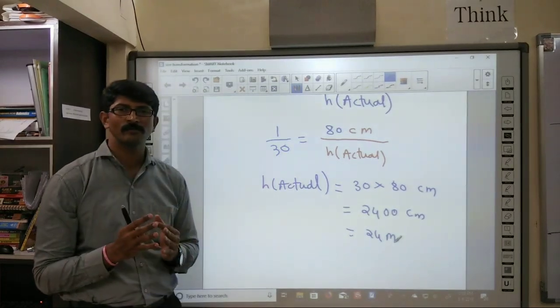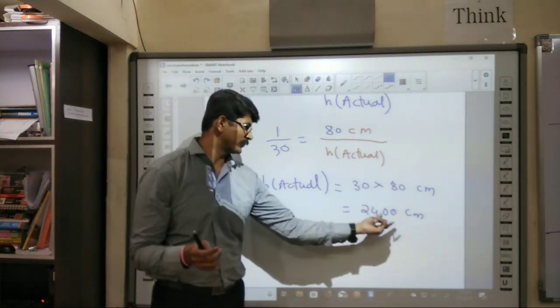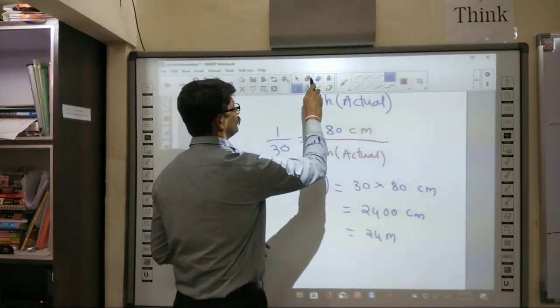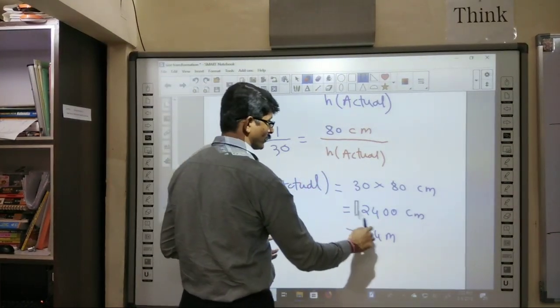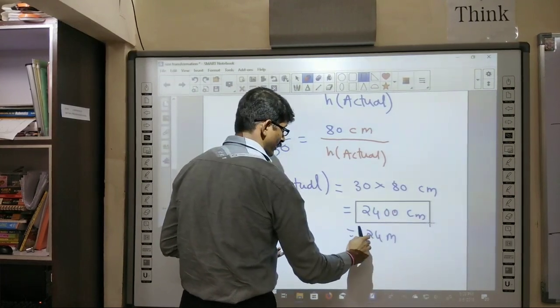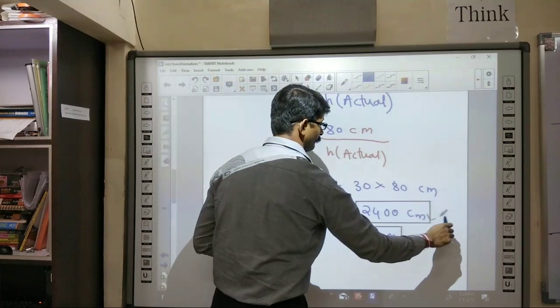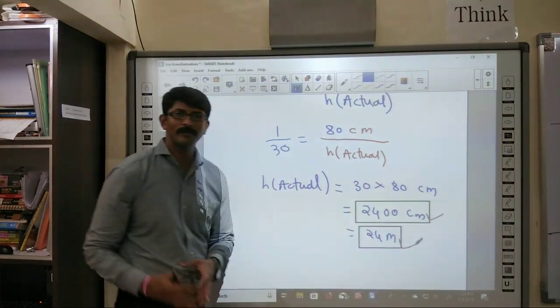Because 1 meter is equal to 100 centimeters. So I just reduce two zeros and convert it into meters. In case someone has got 2400 centimeters or 24 meters, both answers are right. I hope you have understood till here.